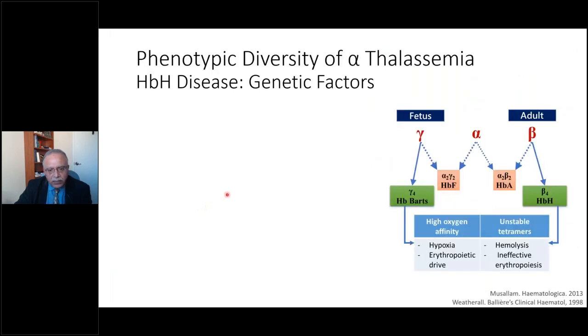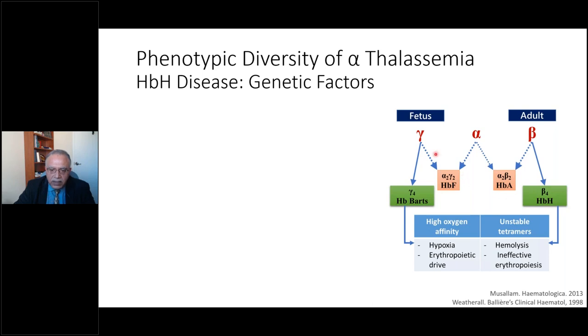On the alpha thalassemia side, we have to consider both the fetal and the adult life, because alpha chains, which are deficient in alpha thalassemia, are needed for both. In fact, the onset of alpha thalassemia would start towards the end of the first trimester. That happens because only a limited amount of alpha chains are available to combine with the gamma chains in the fetus to produce hemoglobin F. And all the unattached excess gamma chains form hemoglobin Barts.